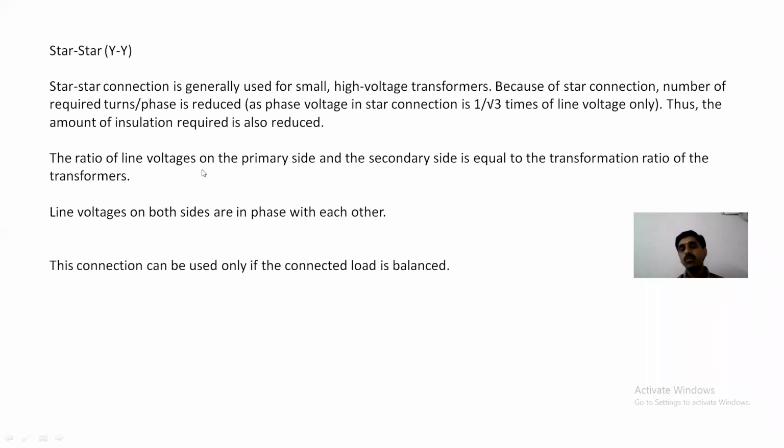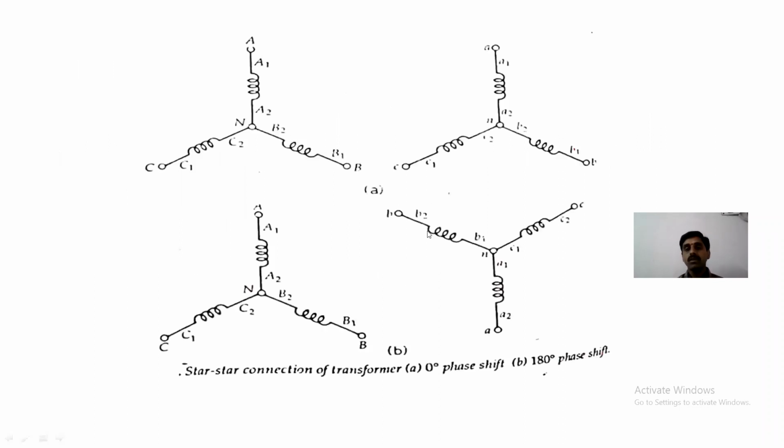The ratio of line voltage on the primary side to the secondary side equal to transformation ratio. A is transformation ratio. And the line voltages on both the sides are in phase with each other. Line voltages are in phase. This connection can be used only if the connected load is balanced. So you can see the type of connection, the star-star, there is 0 degrees phase shift.